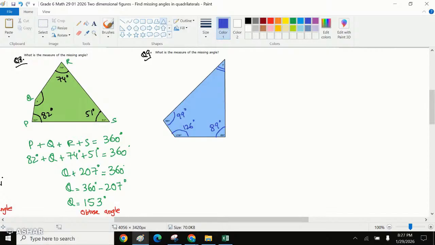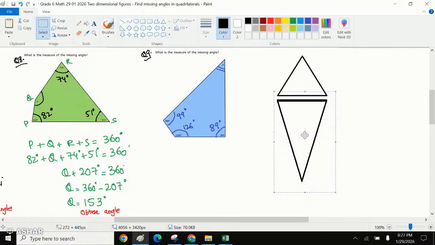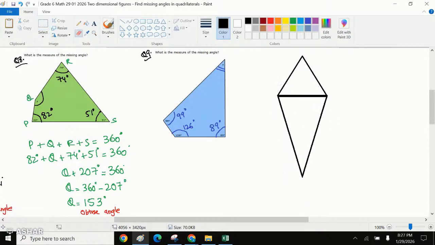Meanwhile, I'll just make another shape. I'm just trying to make a new question for you after question number 9.